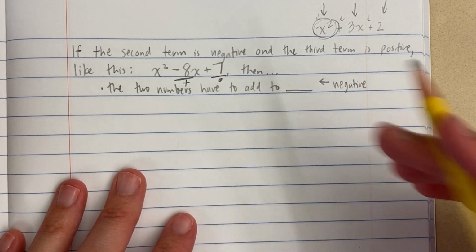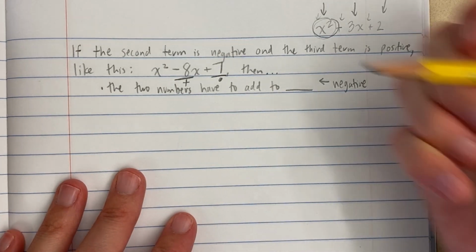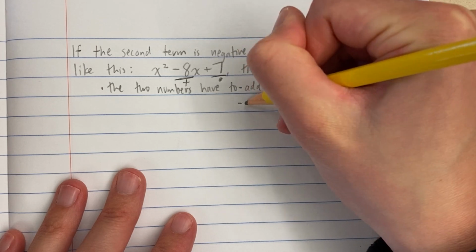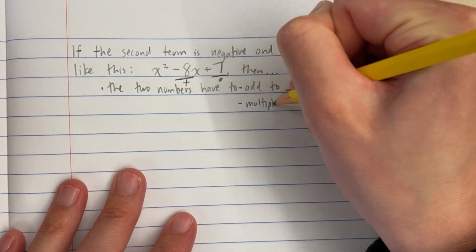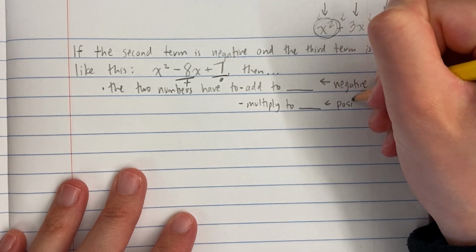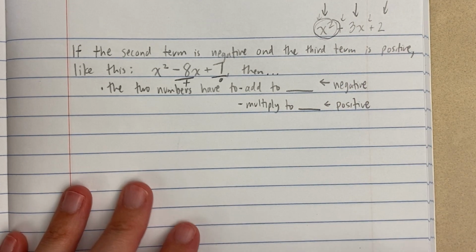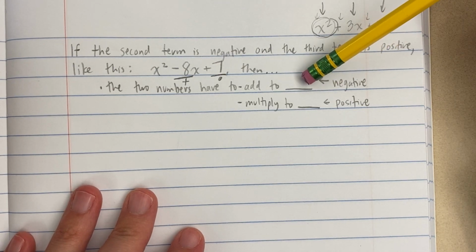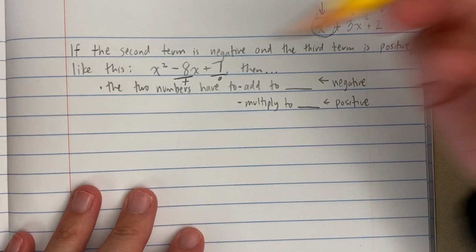So the two numbers we need to think of now have to add to a negative, but they still multiply to a positive. So what kind of numbers add up to be negative and multiply to be positive?